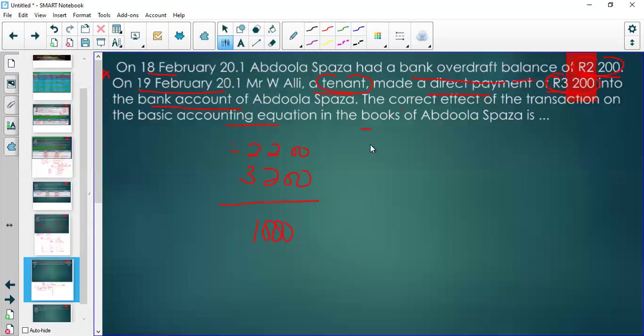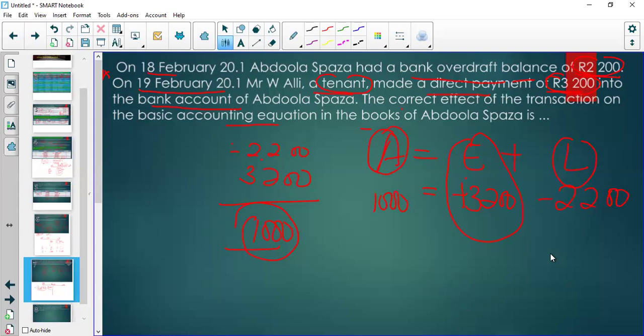So we have assets equal to equity plus liabilities. Our assets have increased by 1,000 rand, not by 3,200. Our equity is affected because this is income, a plus 3,200, which we received. And our liabilities were 2,200; now they are 0. So we have completely eliminated the 2,200.